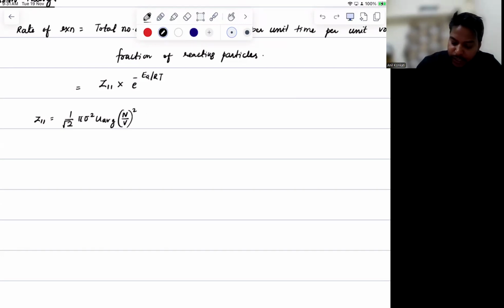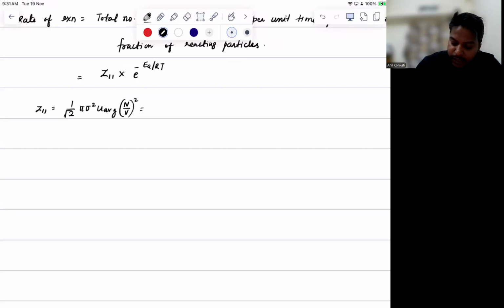So that is equal to half into pi sigma square U average into, if I write this N in terms of number of moles, I can convert this into a concentration term. Therefore, you can write it as Avogadro's number into concentration square. So now this C represents concentration square. Okay, so this is Z11.